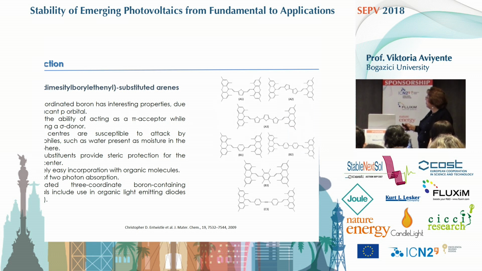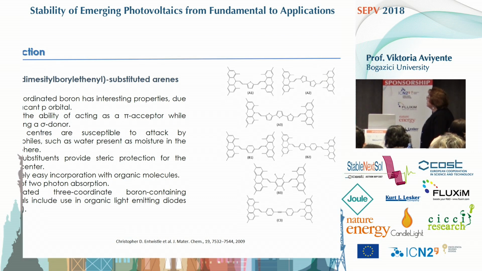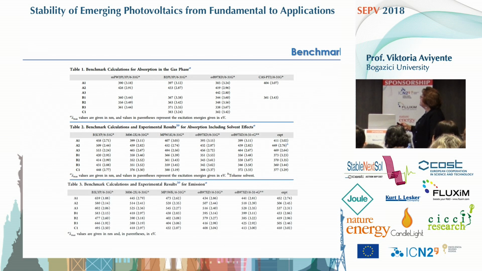As you may know, boron is an acceptor, and it has very good properties when it is with phenyl rings. So here is boron, and you have the phenyl rings around it. Over there, this is a benchmark.